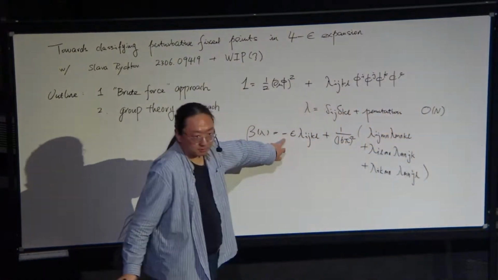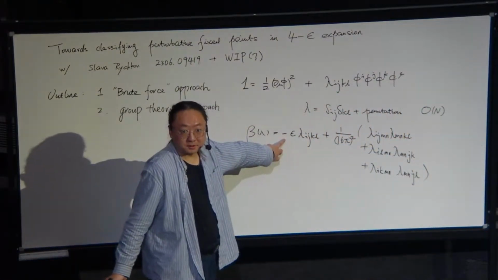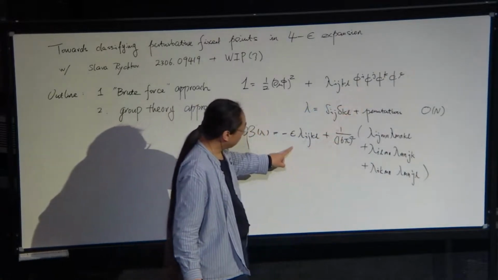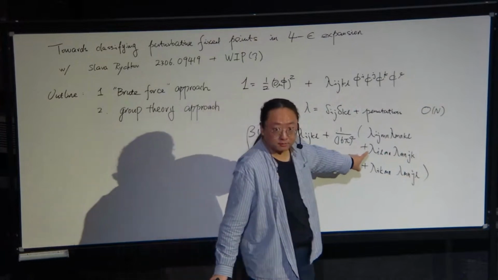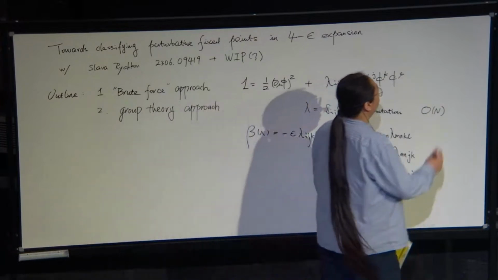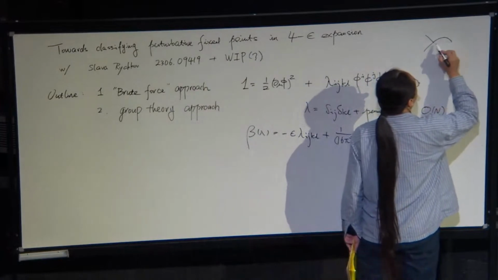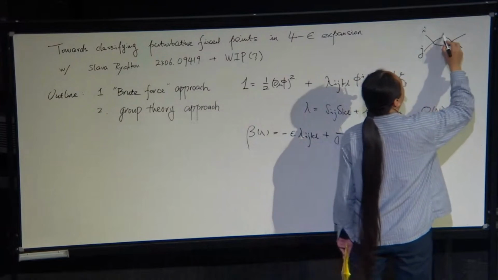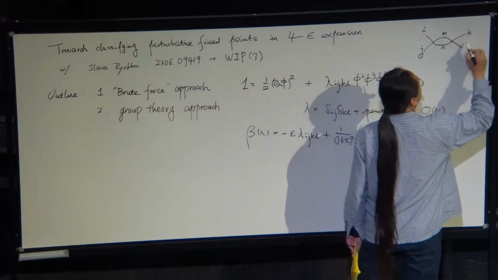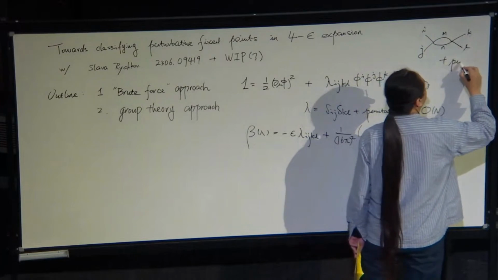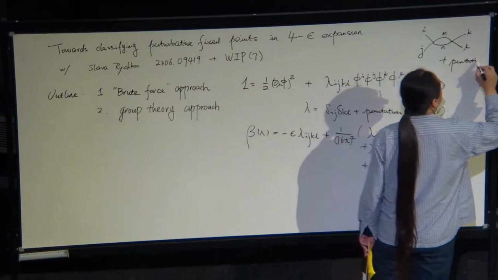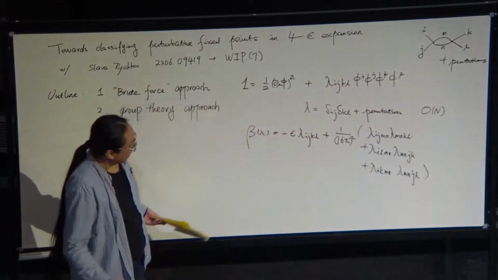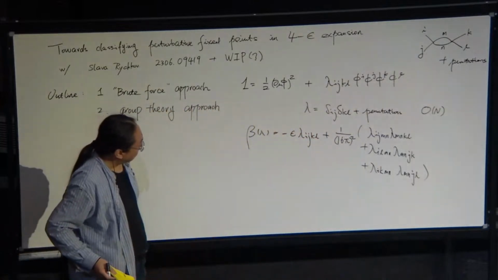The leading piece comes because you are doing this in epsilon expansion dimension. The lambda phi 4 term is slightly irrelevant, so you have this contribution. The subleading terms come from the Feynman diagrams, the first 2 loop Feynman diagrams, which essentially looks like this. You have i, j, m, n, k, l here, plus permutations. So this is just the very innocent 1-loop beta function.